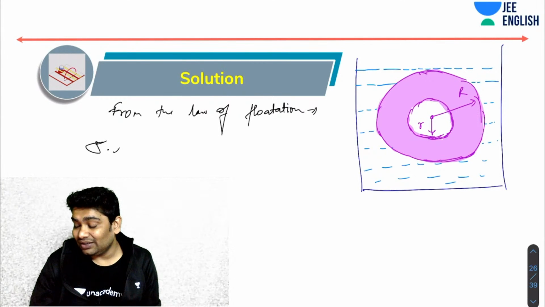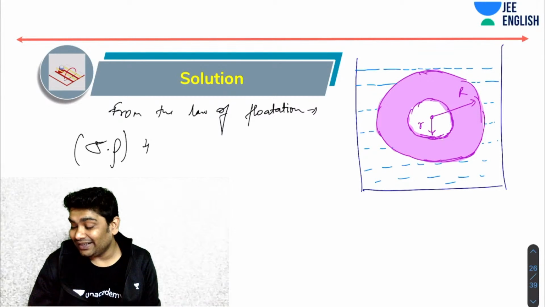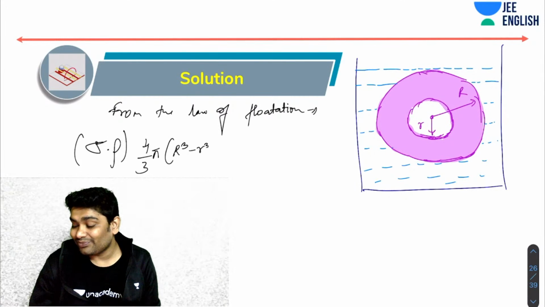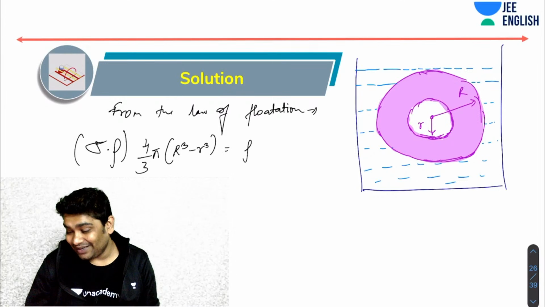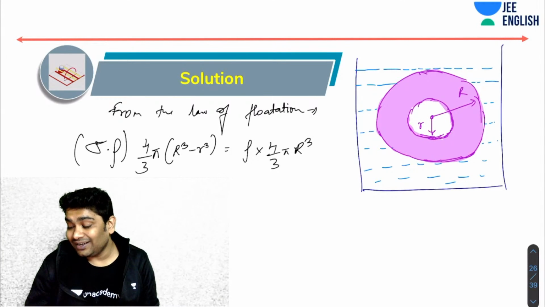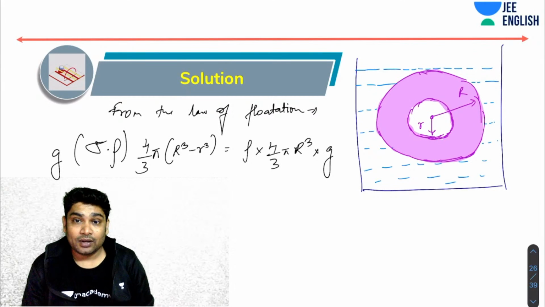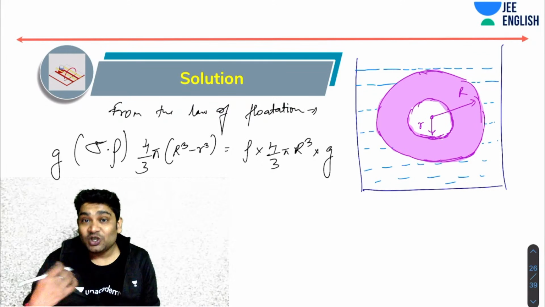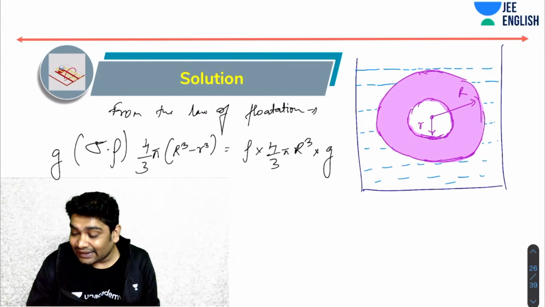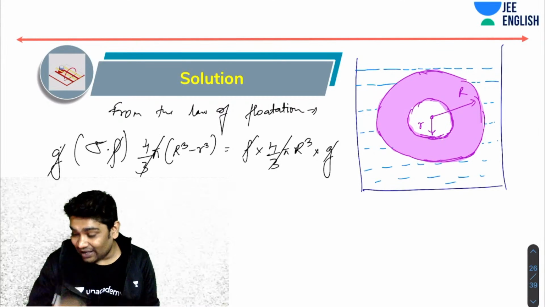Sigma into rho, that would be the absolute density. Sigma rho into 4 by 3 pi (R cube minus r cube), that would have been the volume. This should be equal to rho times 4 by 3 pi capital R cube, because this is the volume of the liquid displaced, times g. Great. All right, so what does that mean? Let's get rid of these common terms first.